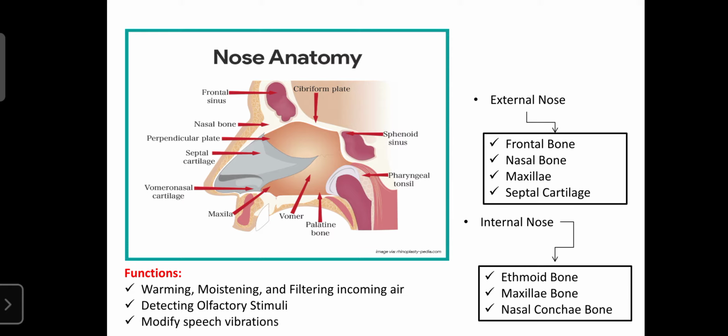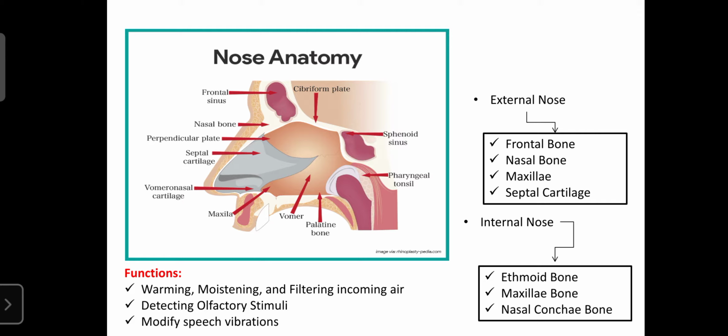The last one: the nose is also helpful to modify the speech vibrations. It gives rhythm to our speech. Actually speech is produced from the larynx or voice box. Certain rhythm is there in our speech when we are singing or talking. When you talk with parents, the sound is different.